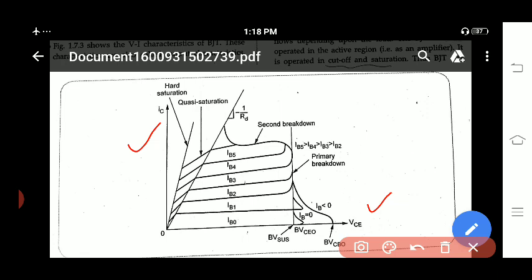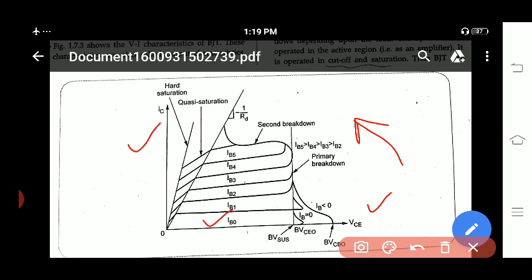Whenever IB equals 0, it will be in the cutoff region. In the cutoff region, you can consider that your BJT is in off state, it works like an off switch. As you increase the IB current from IB0 to IB1, IB2, IB3, IB4, it shifts from cutoff region to active region.